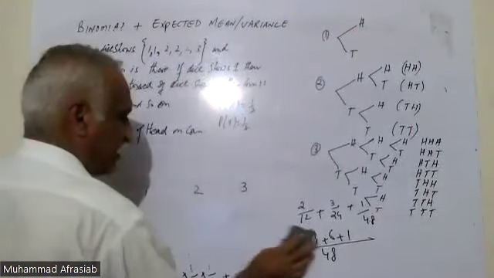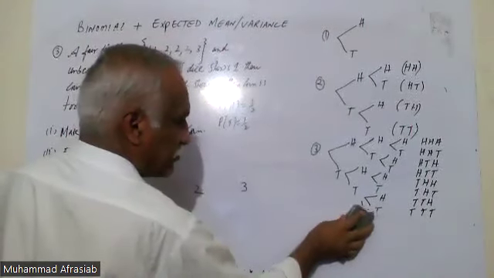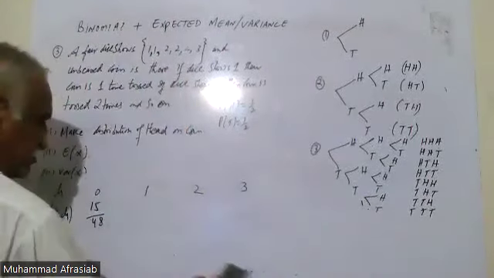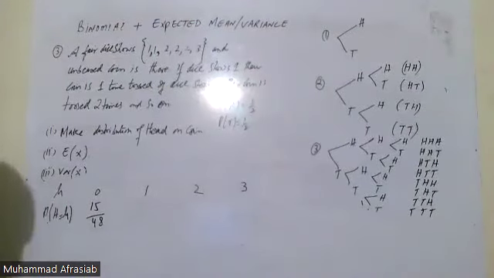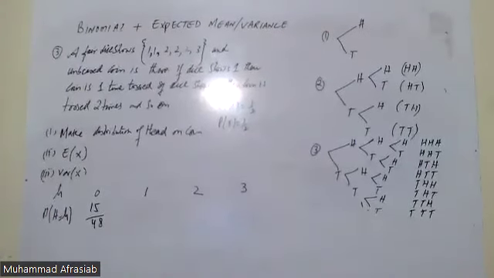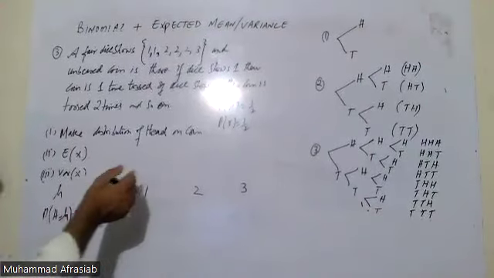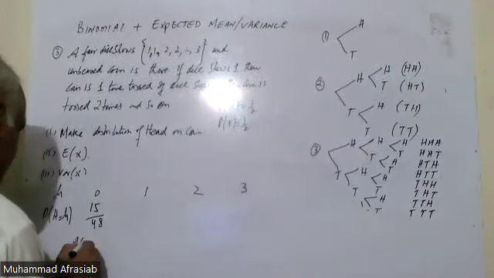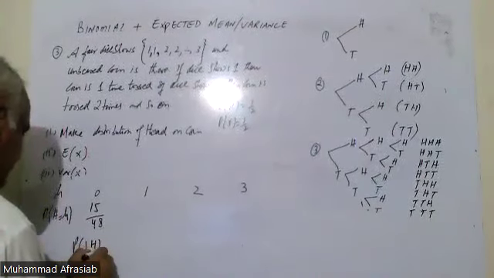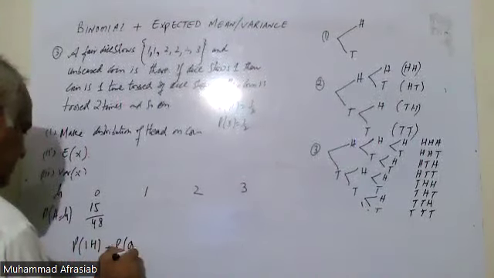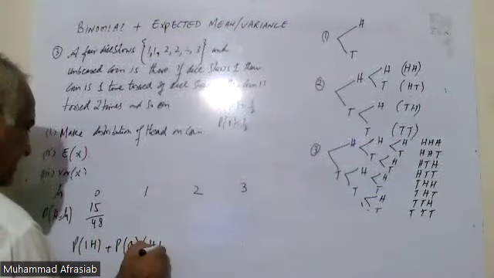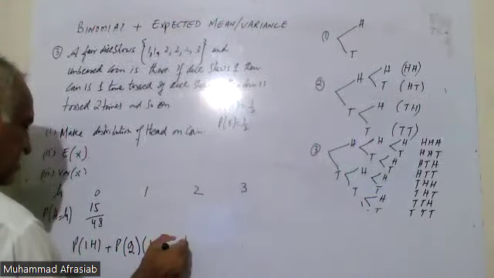Now the next part. If you are getting one head: if you throw one time, there is a head on that. If you throw two times, then it should be head-tail or tail-head, because there is one head.